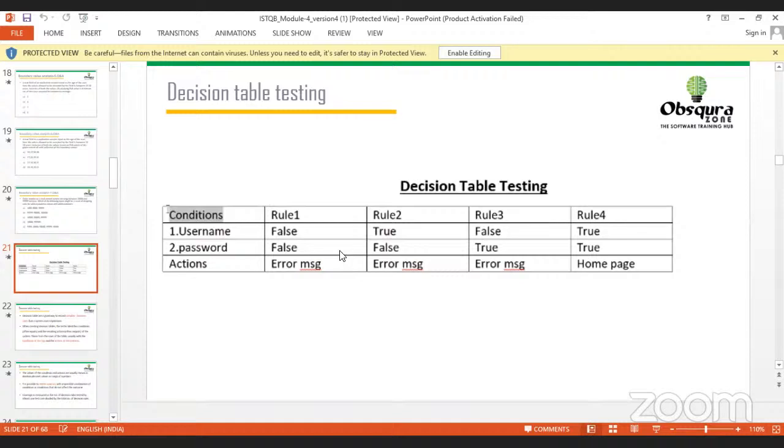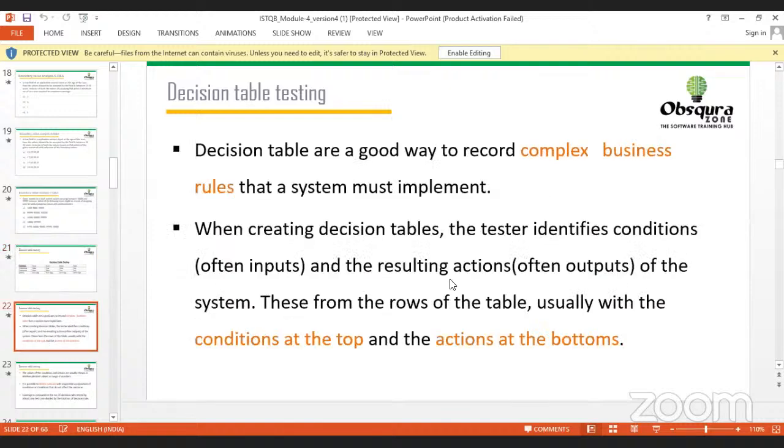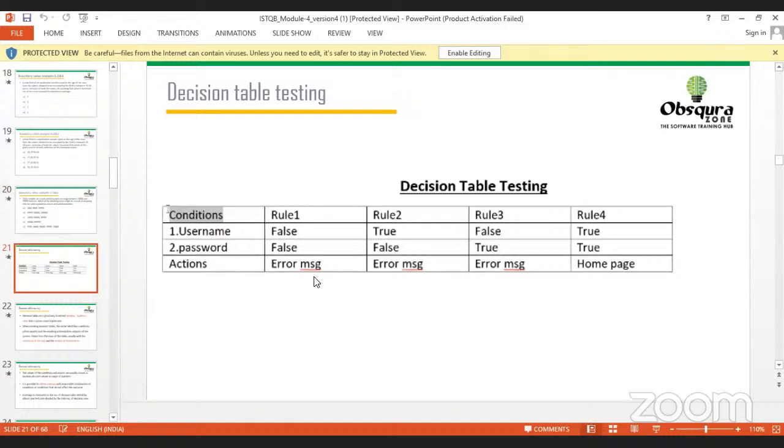What will be the outcome when we give these inputs, that we will be mentioning in different rules. The tester identifies the conditions as inputs and the resulting actions as outputs of the system, and these form the rows of the table, usually with the conditions at the top and the actions at the bottom. So this is the decision table testing.